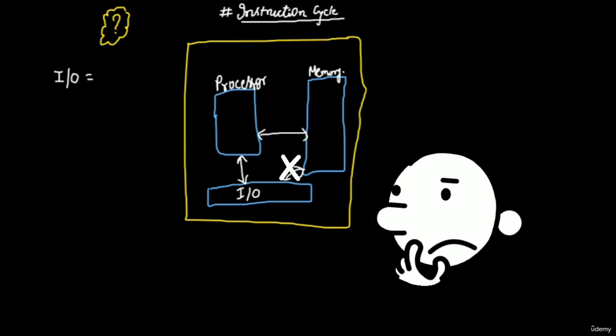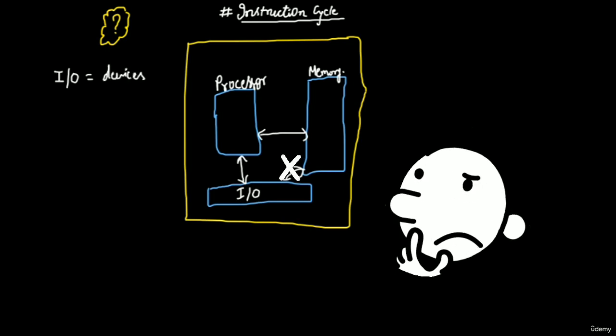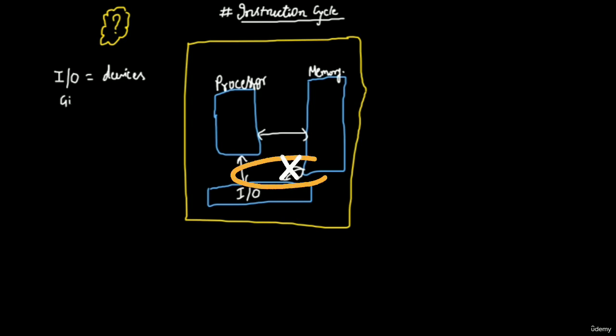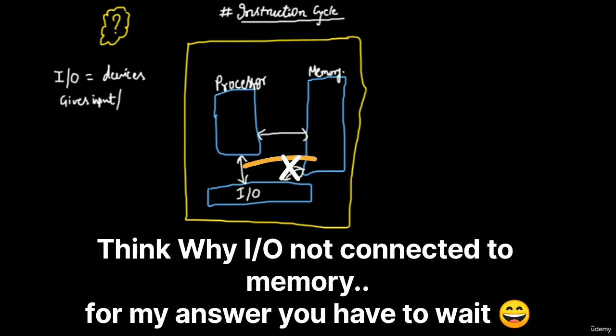Well, these are the devices that give input. After processing we get output. So it's all about the input and output devices. Let's say, what are our input devices? Keyboard is an input device.